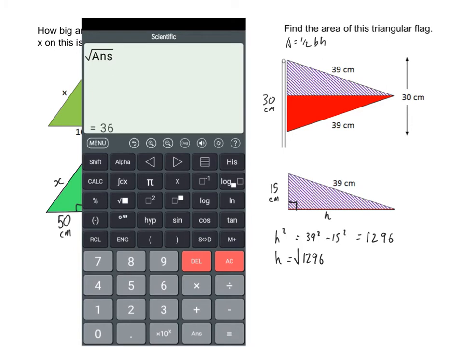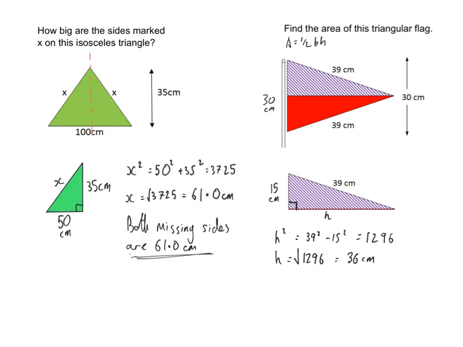So again, square root answer will give me 36 exactly. So we're in one of these rare occasions where the number work has worked out nice and given us a whole answer. So I could put that onto my original diagram, 36. Now, I can actually answer the question now.